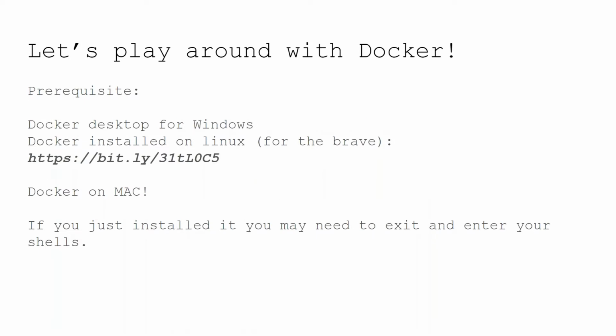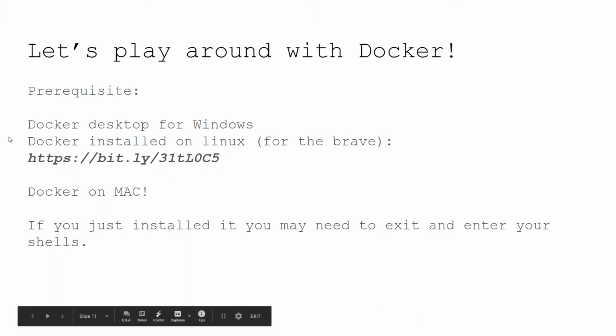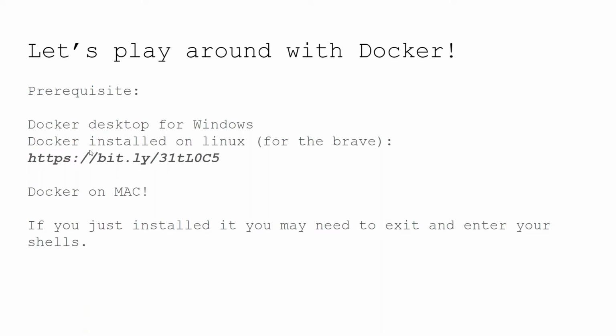So if we're going to play around with Docker, let's get some stuff going. If you haven't got Docker installed and you're brave enough to download a script, you can read the script first. On an Ubuntu or Debian-based distribution, you can use the script I provided to get Docker installed.